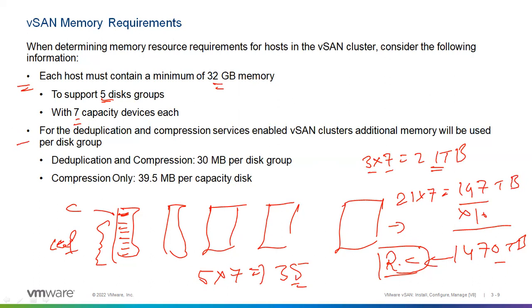Okay. Then next is when the dedupe and compression service is enabled. As I said, the dedupe and compression ratio matters for additional overhead, like per disk group. If you are enabling dedupe, it requires dedupe and compression together, it requires 30 MB, and for only compression, it requires approximately 40 MB additional overhead per disk.